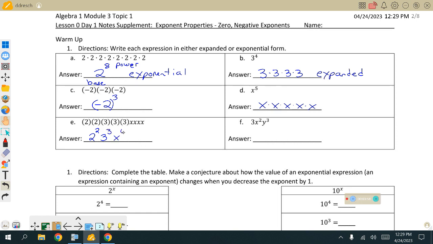And X to the 4. Now I heard somebody say parentheses, right? A second ago I said, if you didn't have that parentheses around it, it was definitely wrong. Now I'm going to backtrack that a second. Why am I not going to be as picky on this one? Because it's not negative. It's that dang negative.